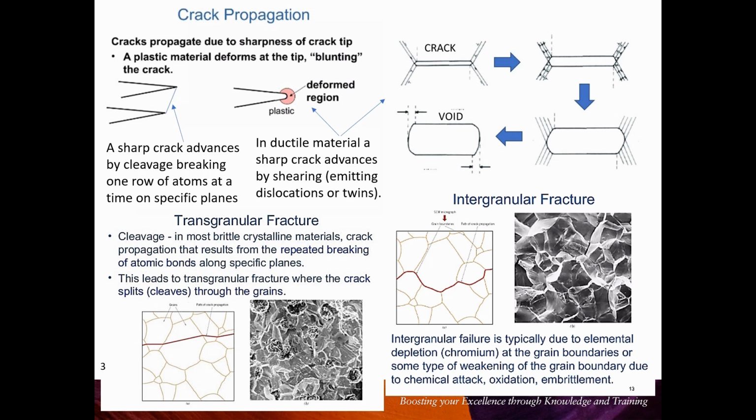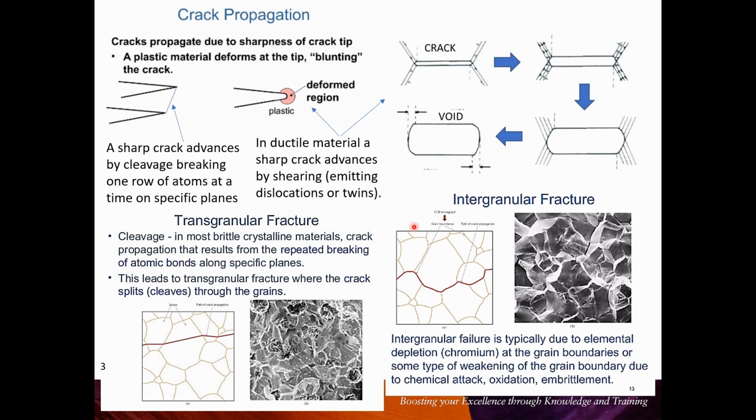But once you have a crack formed, it can grow, and the most well-known common method of growth is through dislocation emission, as shown in the slide here.